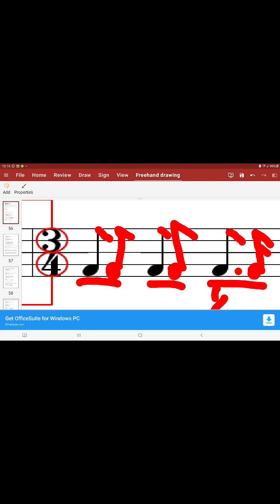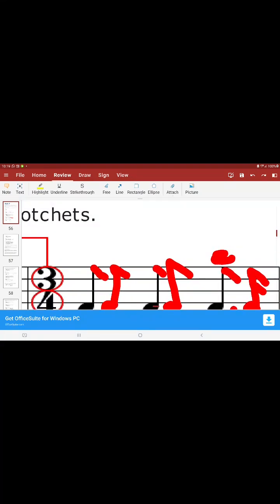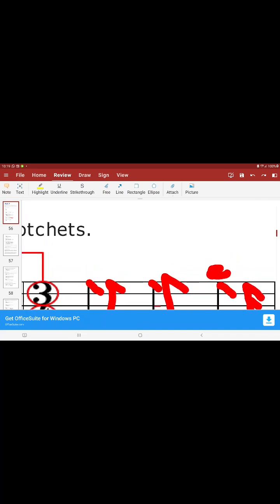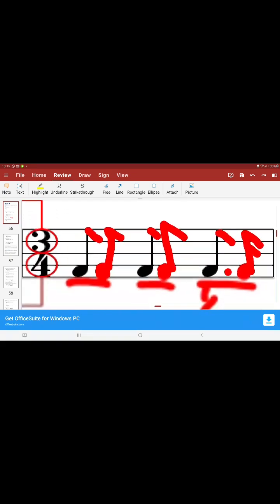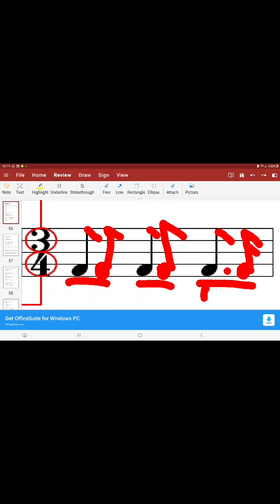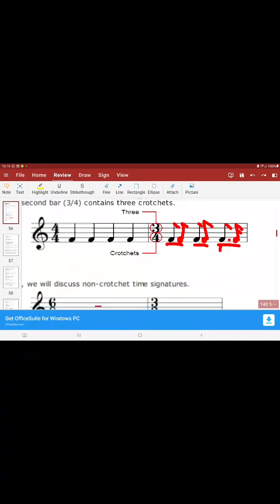When you dot your quaver, this will be equivalent to 3/4. Sorry, I'm not able to write it very well there. We'll come to that later. So this is an example of 3/4.